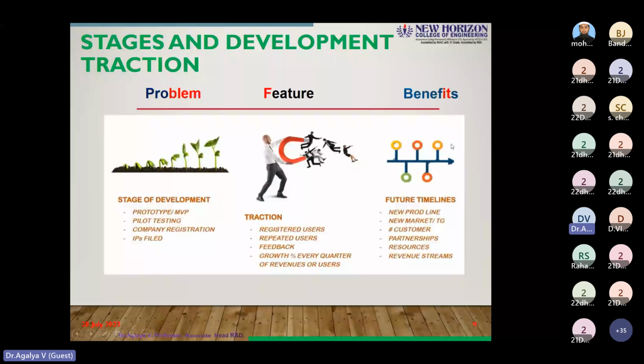Then you have to make a benefit in terms of money value, and the company value, core value, will always be increasing. This is the input which I wanted to tell you.